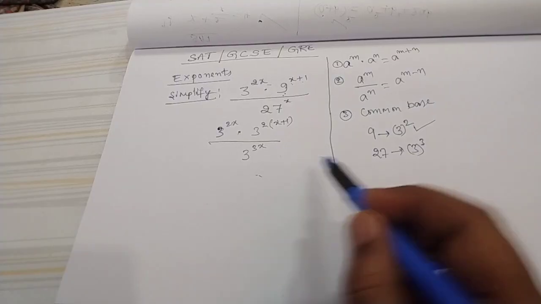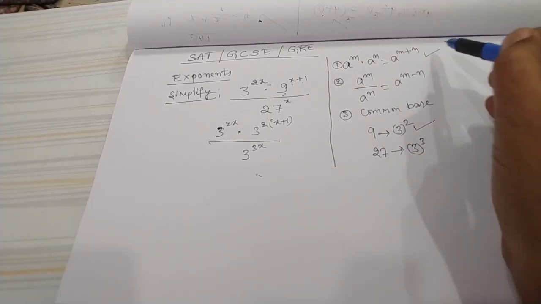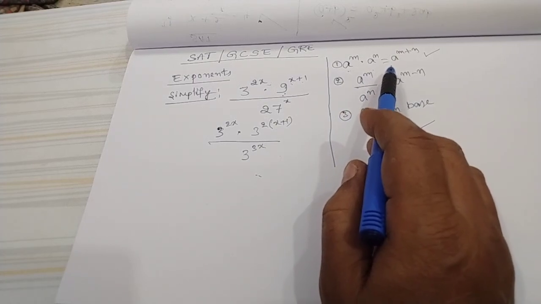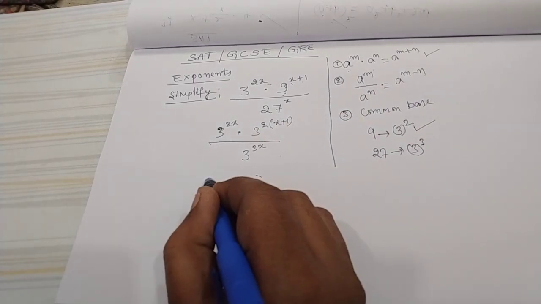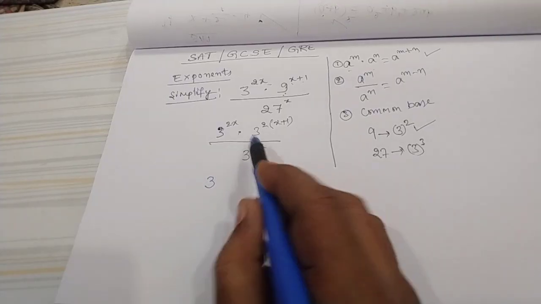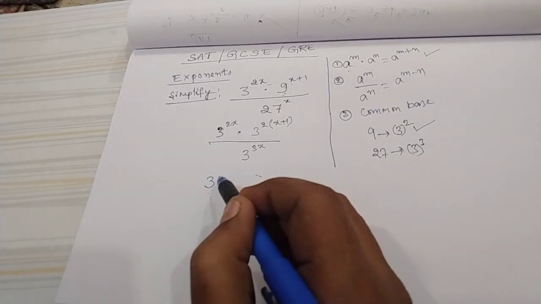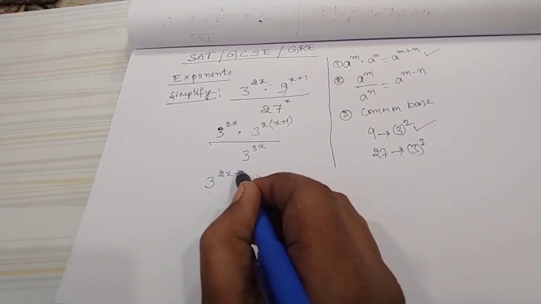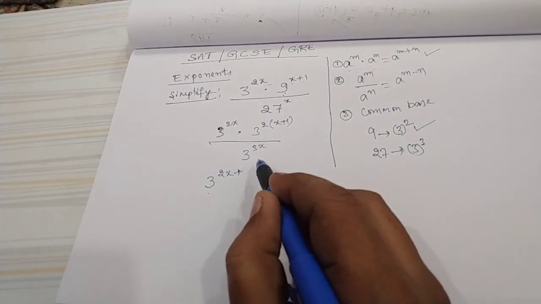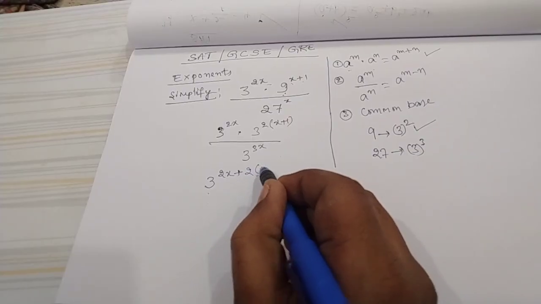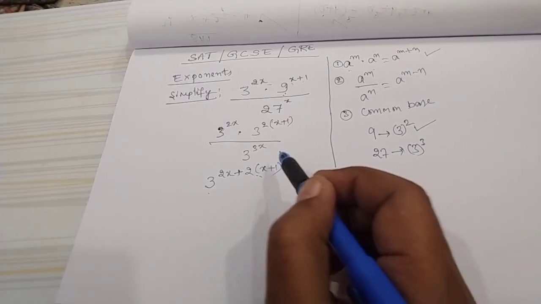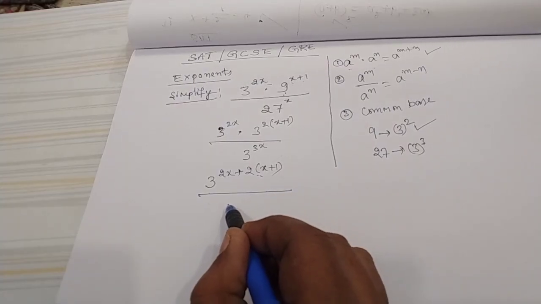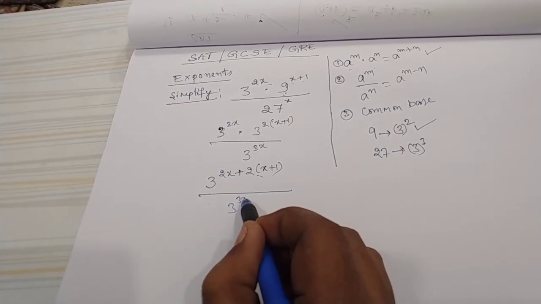The next step is to apply the first formula of the exponent, a to the power of m times a to the power of n equals a to the power of m plus n. Keeping the common base 3 as it is, the exponent is 2x plus 2 times x plus 1, and in the denominator we write 3 to the power 3x.